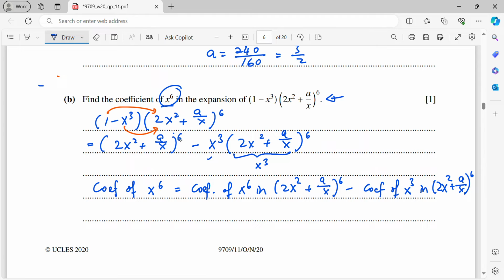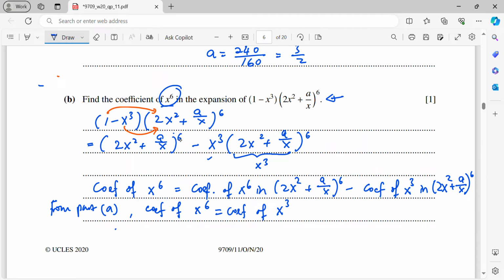And from part A, okay? So from part A, both coefficients will be the same, right? Therefore, from part A, coefficient of x degree 6 equals to coefficient of x degree 3.